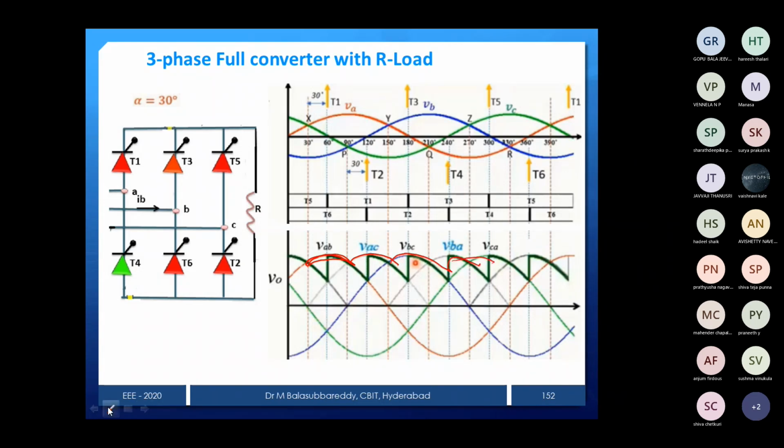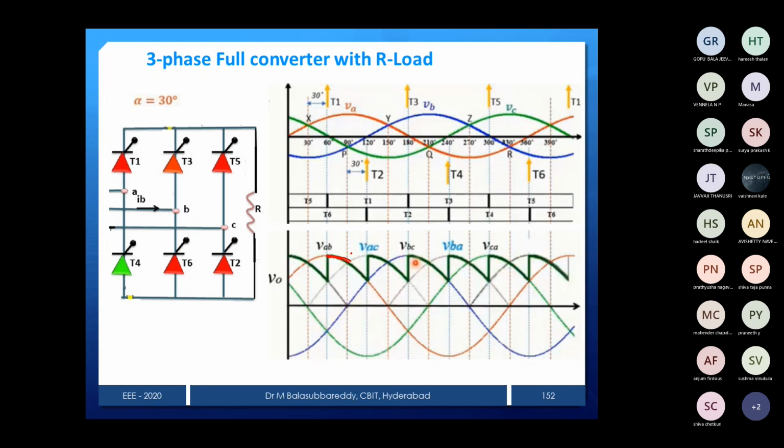But what is the difference now? Instead of starting here, you start here. Then I shade this 120 degrees; this is the starting point and you count 30 degrees, then verify.